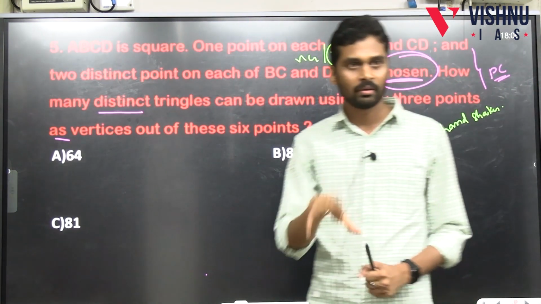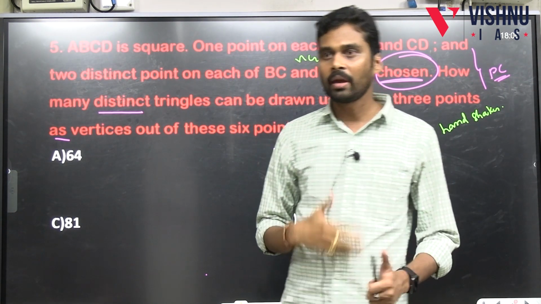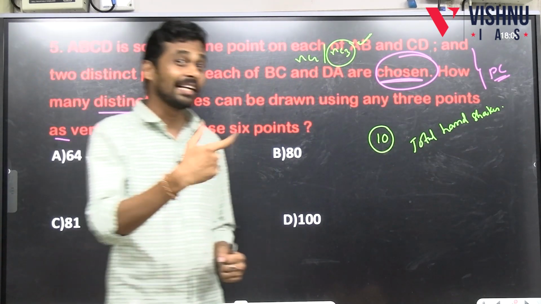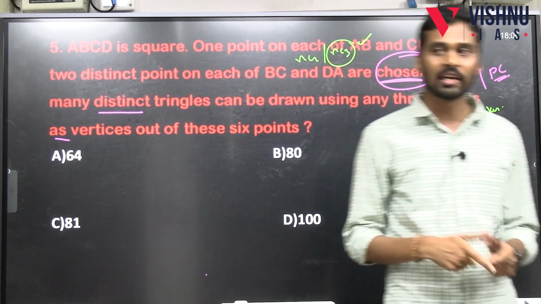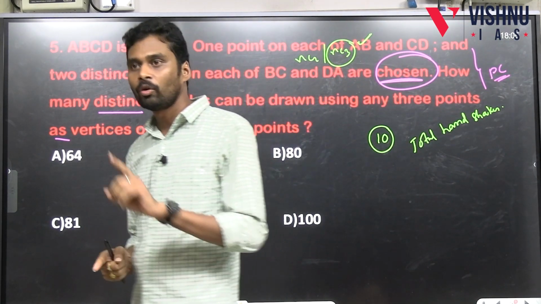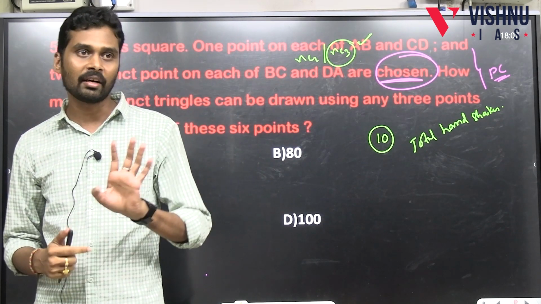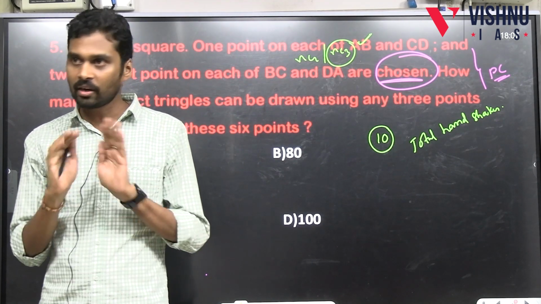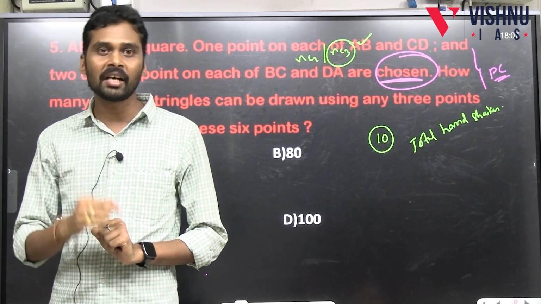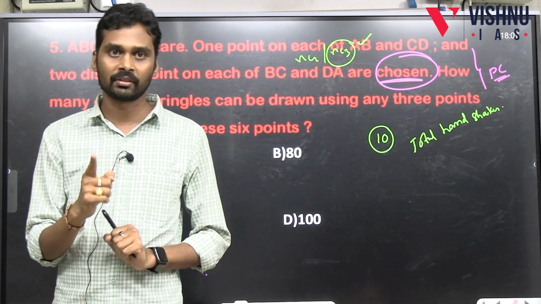There are 10 people. When they make handshakes with each other, how many total handshakes are possible? Of course, the condition is not given, but you will take the condition as: each guy can shake hands with the other guy only once.